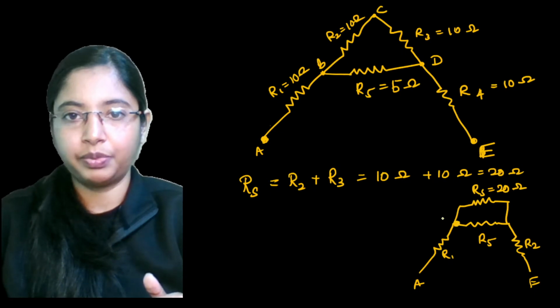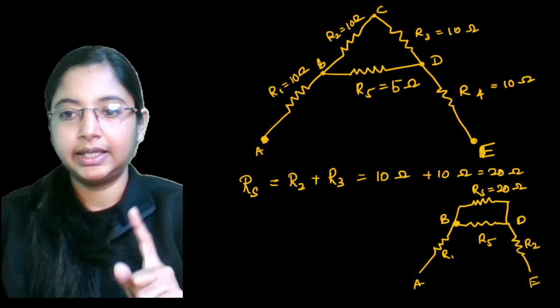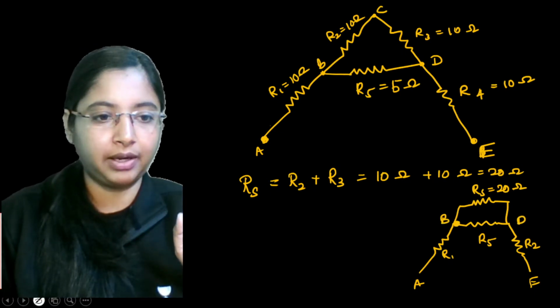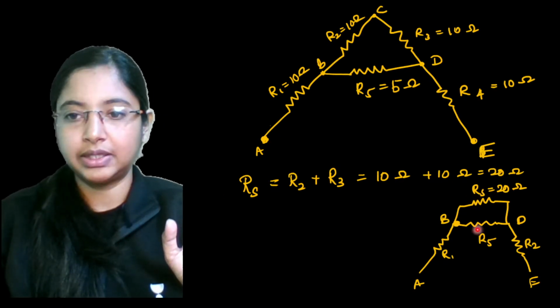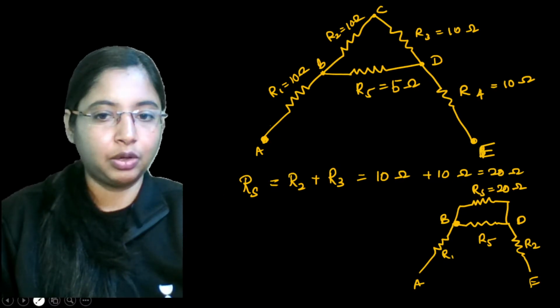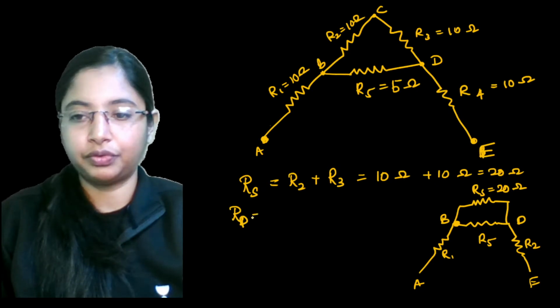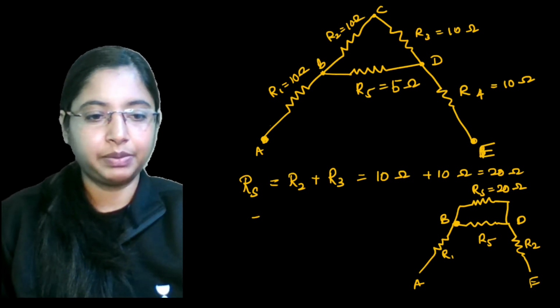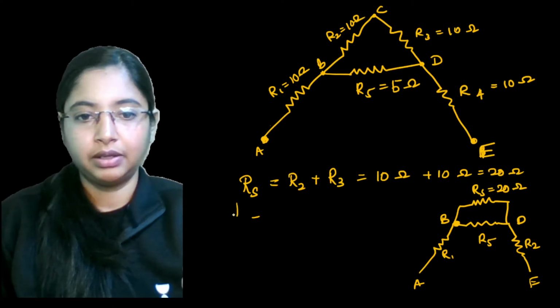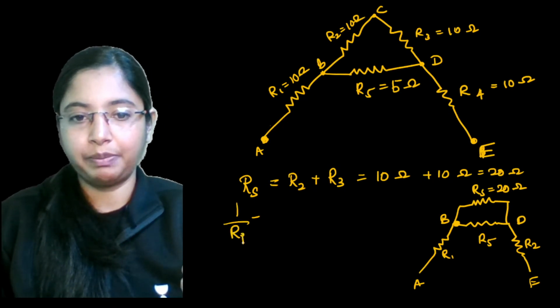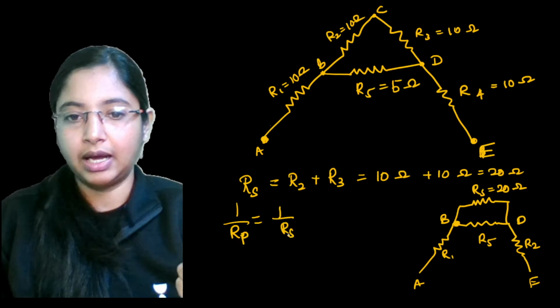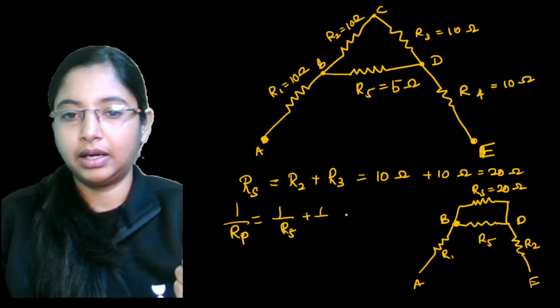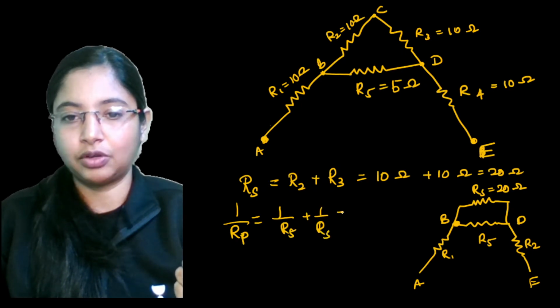Now across this point B and D, there are two resistors in parallel combination. Let's take the parallel combination for both of them. We have done this multiple times, right? The parallel combination will be 1 by R5 plus 1 by the resistance combination in series.